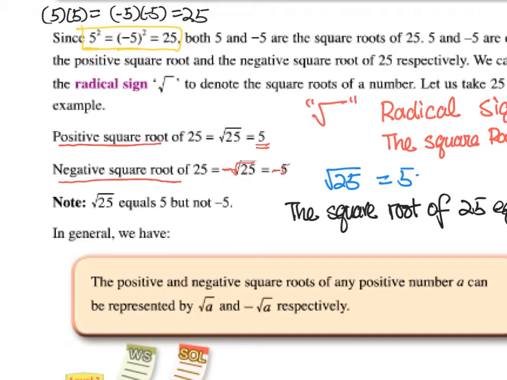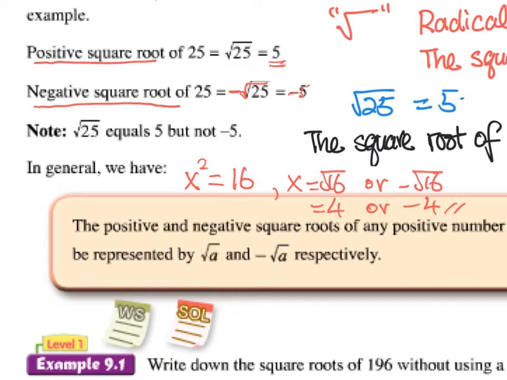So all in all, if we want to find the square root of 16, there will be a positive square root or a negative square root. There will be 4 or -4 for 16.